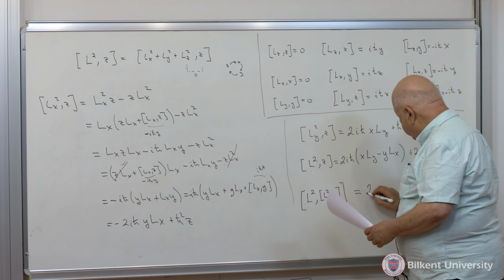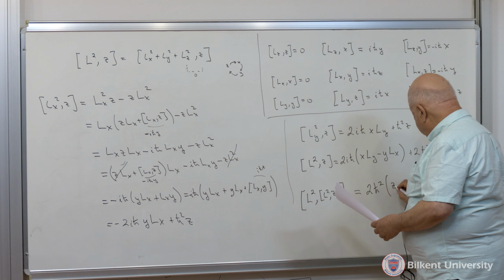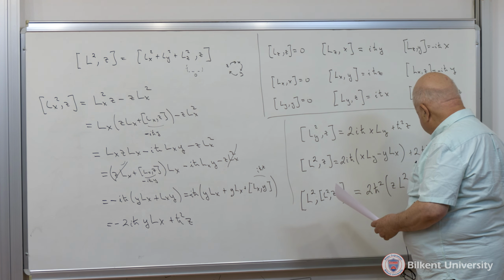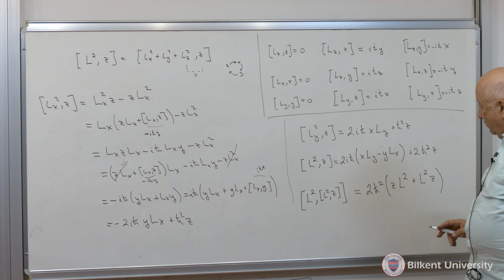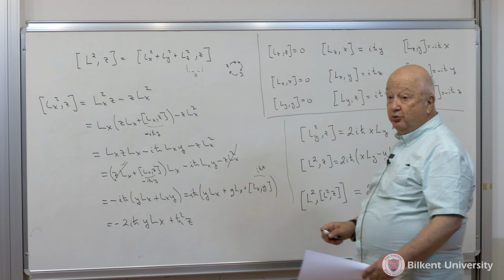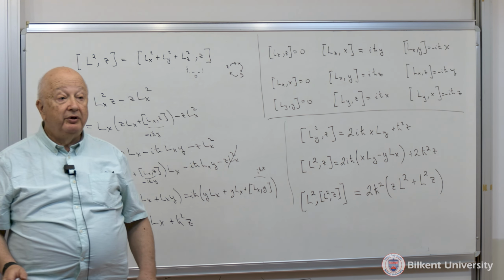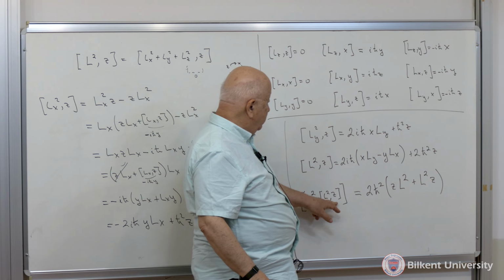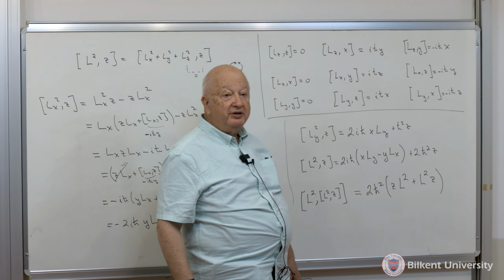It turns out to be 2 h bar squared times z L squared plus L squared z. And what's nice about it is that L squared is spherically symmetric. It doesn't care whether you put here a z or an x or a y, it will behave in the same way.